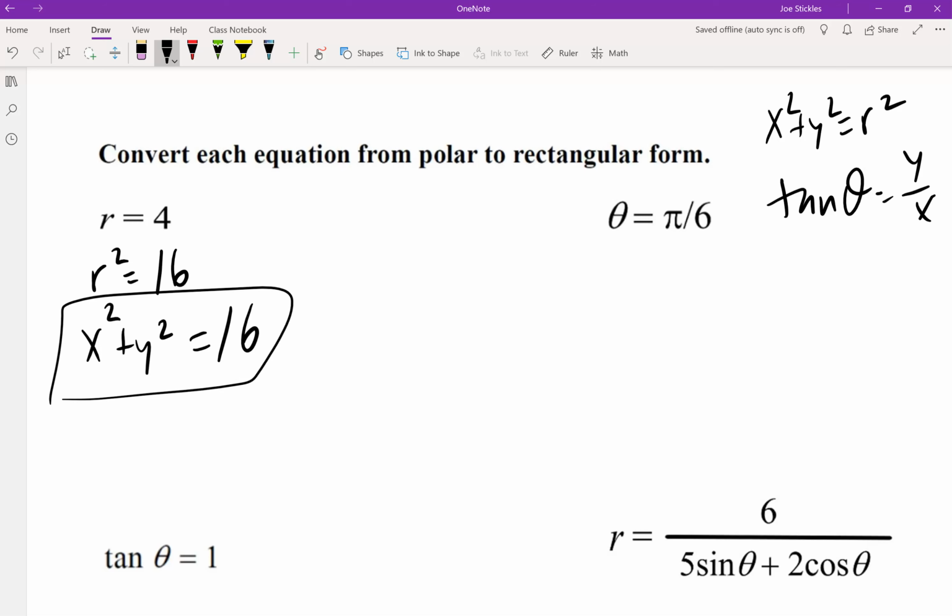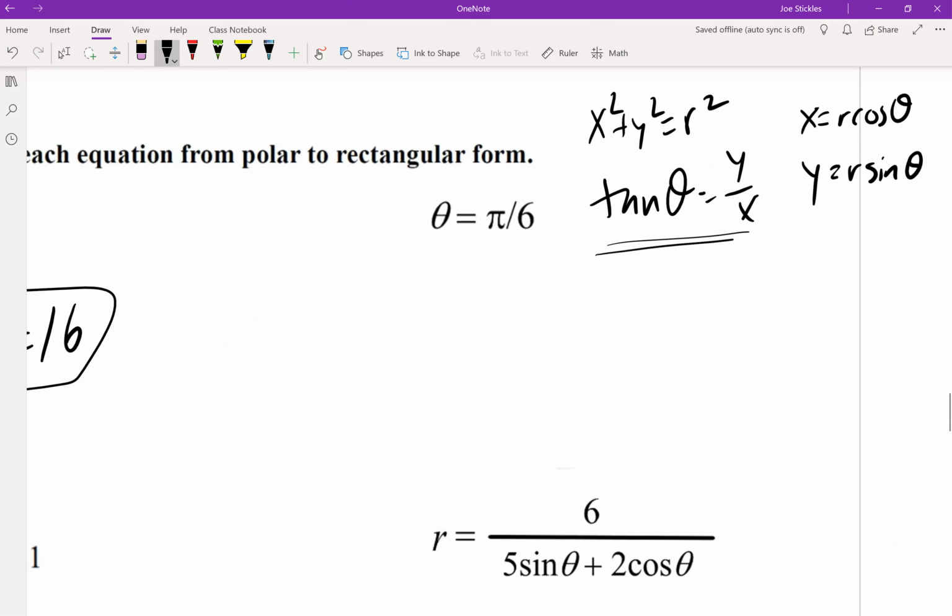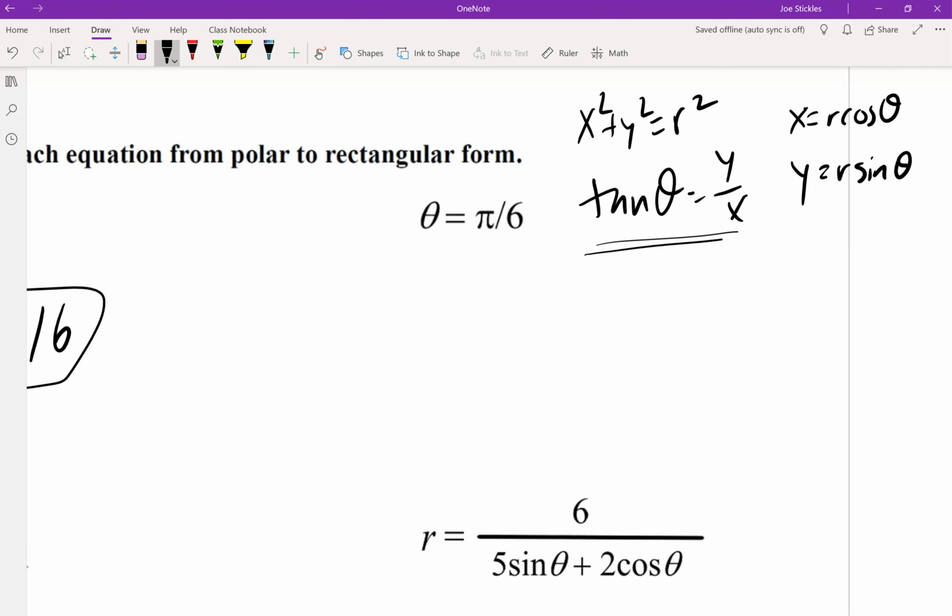Theta equals pi over 6. Well, I don't have one that's just theta by itself, except for this one. What I mean by theta by itself is I don't have one that has a theta but no r. The other two on this side have both r and theta together, and this one doesn't even have theta in it at all. So this is the only one that has theta by itself without the r. However, to use this conversion formula, I need tangent of theta. Well, I can get that easily.